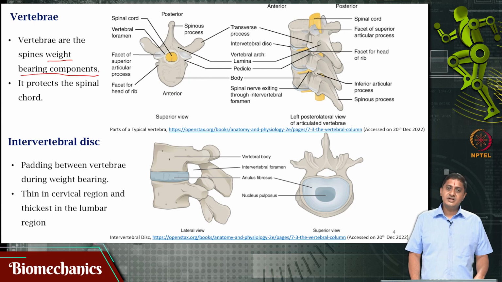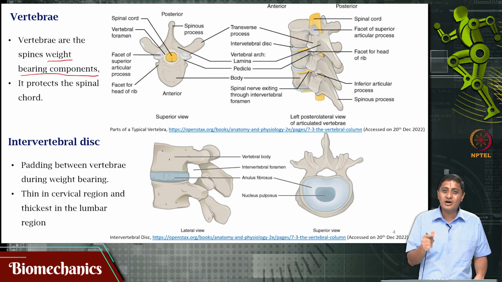Another crucial component in the vertebral column is the intervertebral disc. This is not a bone. This is a fibrous cartilaginous structure, more like a rubber pad.